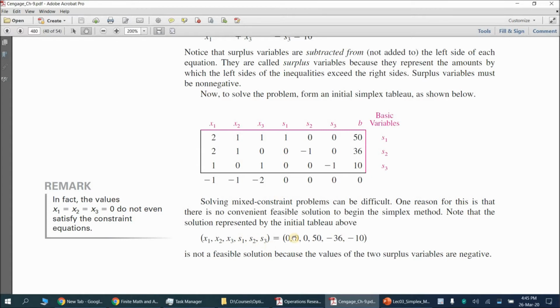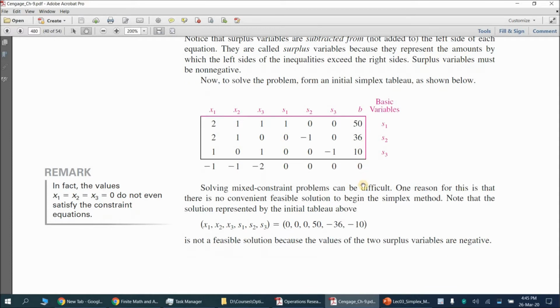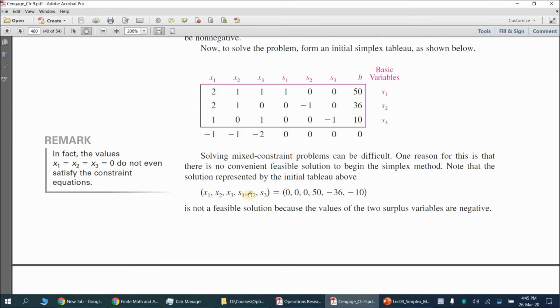So S1, S2, S3 over here will be 50, 36 and 10, but with minus. Because there is a minus here and here, it will become -36 and -10. Because if all other variables are 0, your equation will be minus S2 equal to 36, which is the same as S2 equal to -36. Now the problem is this is not a feasible solution.